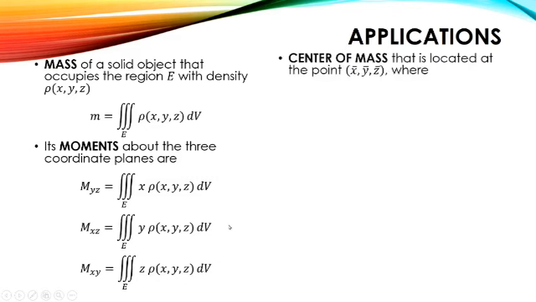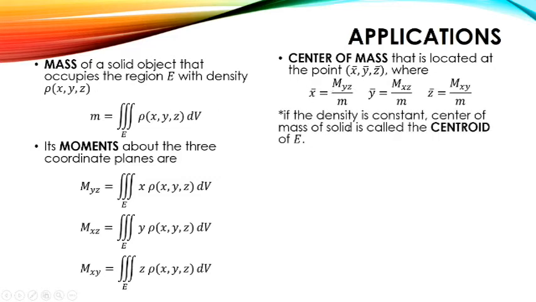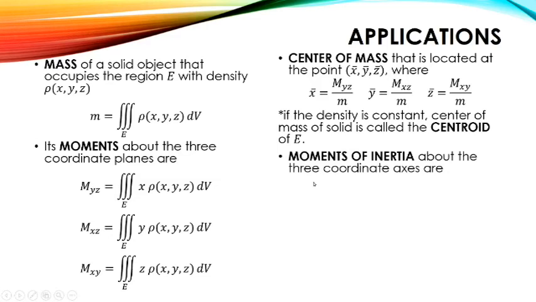The center of mass is located at the point x bar, y bar, z bar, where the coordinates are equal to the moments divided by the mass. If the density is constant, the center of mass of the solid is called the centroid of E. And moments of inertia about the three coordinate axes.